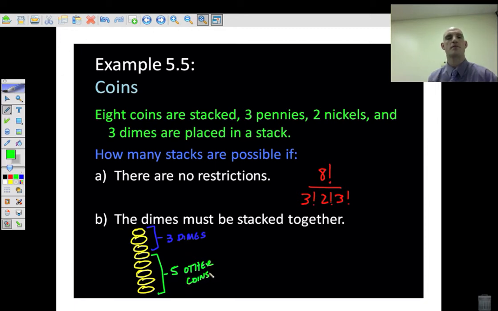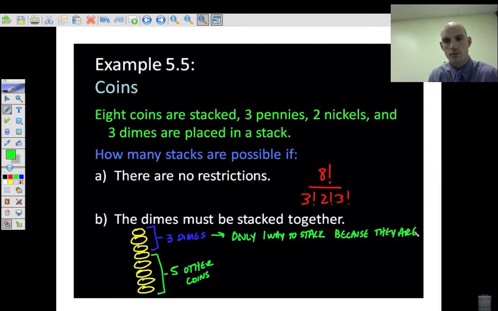Well, if we think about the dimes as being a package deal, there's only one way to stack those 3 dimes because they're all identical. Okay, so the dimes are identical, so there's really only one way to stack them.